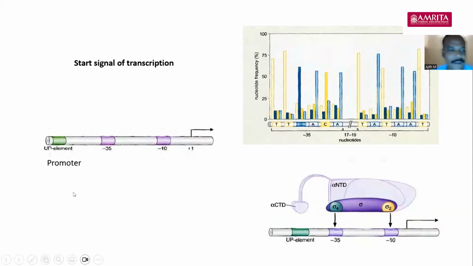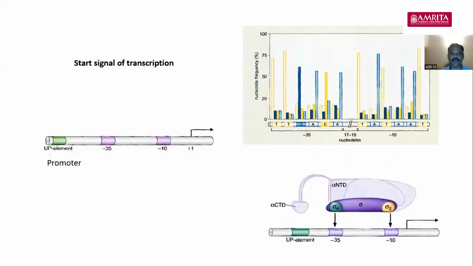So listen very carefully. The start point is called a promoter. The minimum signal that is required for the transcription to start is called a promoter. Of course, there are many other sequences that are required: enhancers, repressors, insulators, operators, and so on.